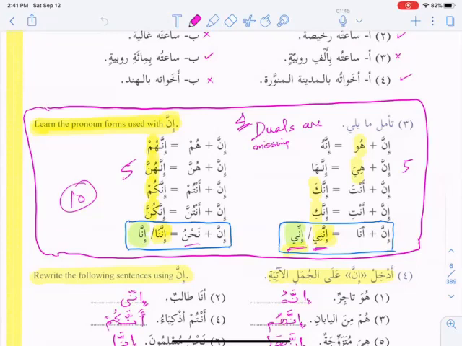Now khabar inna is marfu. Ismu inna is mansub. This is the most important rule to remember. Ismu inna mansub, khabar inna marfu. So inna has got 6 sisters.